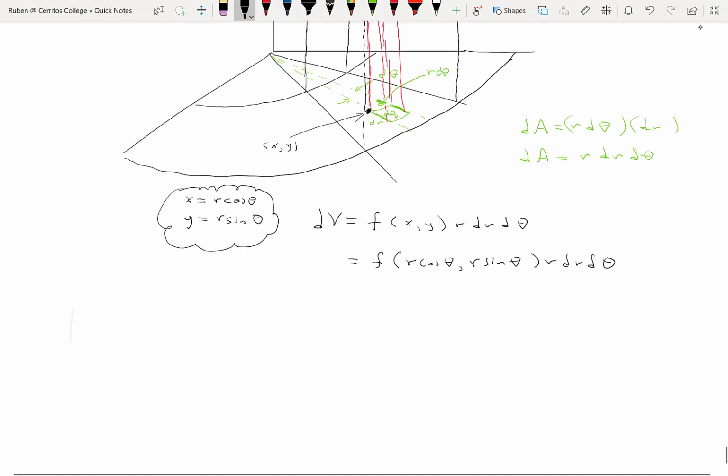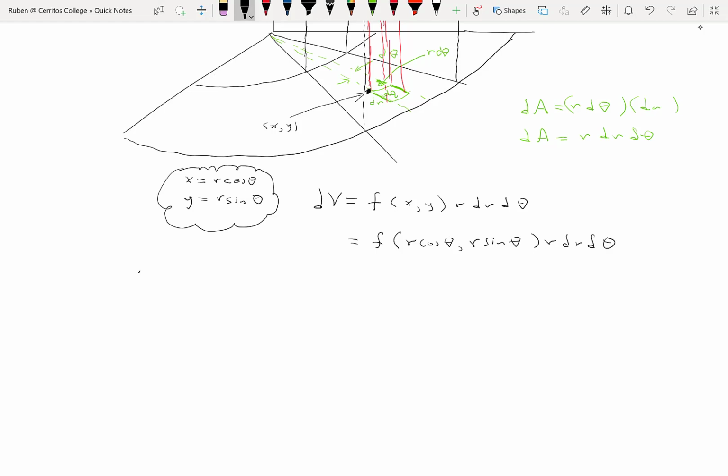The bottom line of all this is that we're looking at the double integral over our polar rectangle of f of x, y, dA. This is what we're starting with. And since the base of our region is polar, we can replace the f of x y dA with f of r cosine theta.